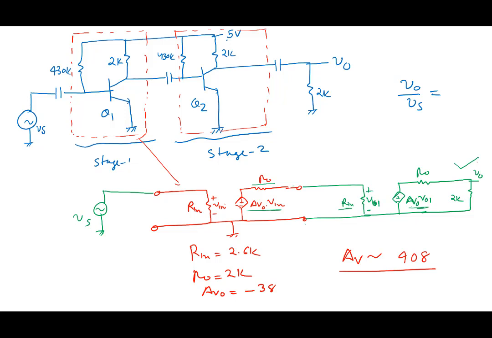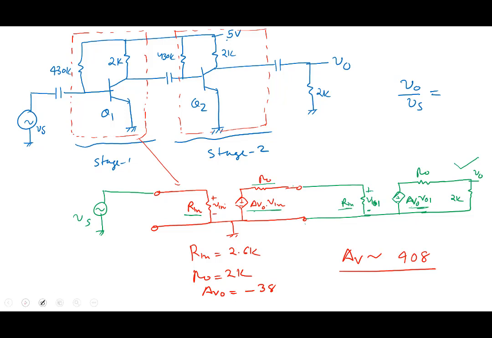Otherwise, if we had not done this, you would have gone back and written out the whole equivalent circuit again, a long big equivalent circuit, and unnecessary complications would occur. So use of Rn and AV0 and R0 helps to simplify the analysis and makes it easier.